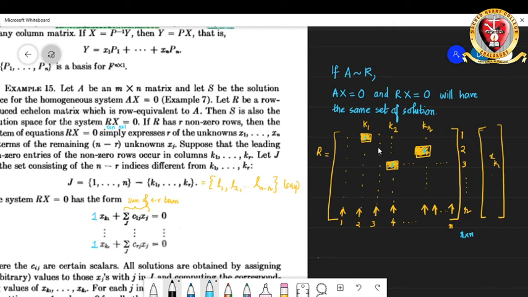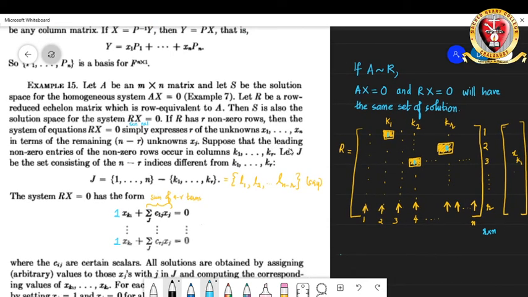And suppose the second non-zero entry, that is 1, is coming here, under the label k2, and so on. Such columns are called k1, k2, etc kr.